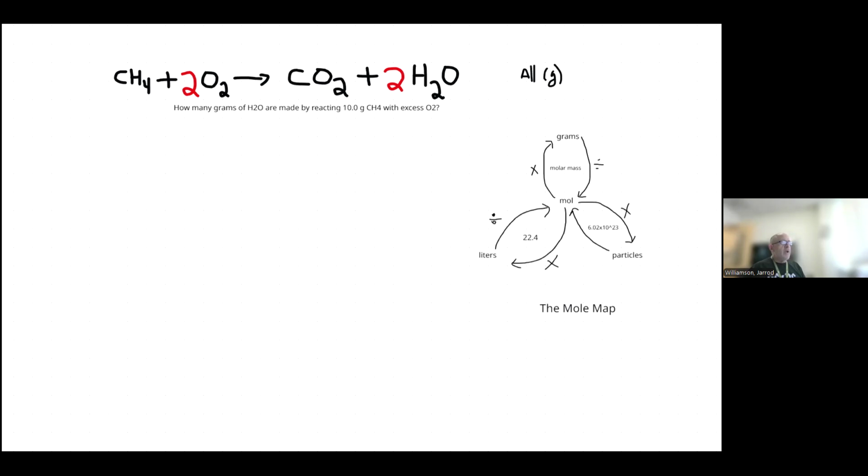Then it says, how many grams of H2O are made by reacting 10 grams of methane with excess O2? So when it says how many grams of water with CH4, I'm looking at this and this.